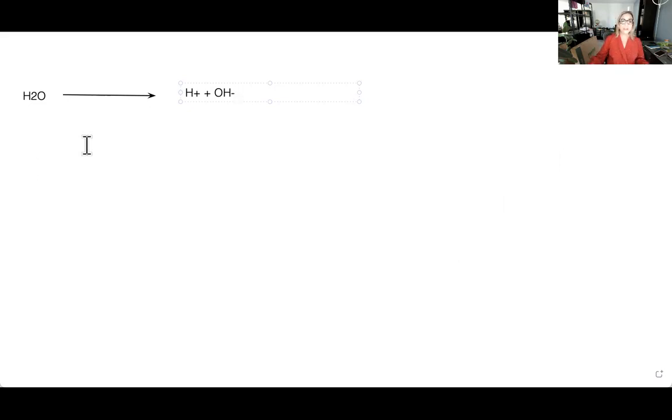That's what neutral means: you have the same concentration of both of these types of ions. Let's take a look at the actual value when we say pH 7. This is referring to the concentration of hydrogen ions in the solution.